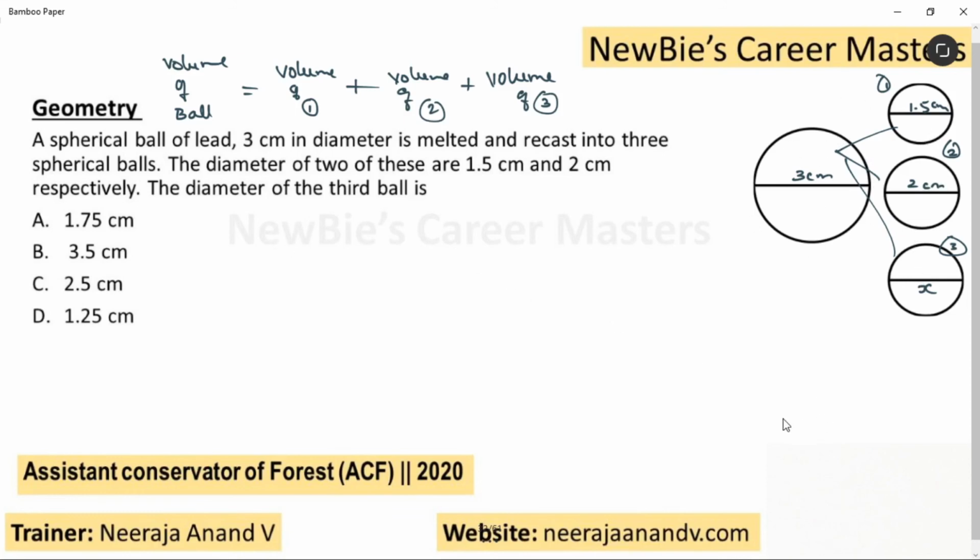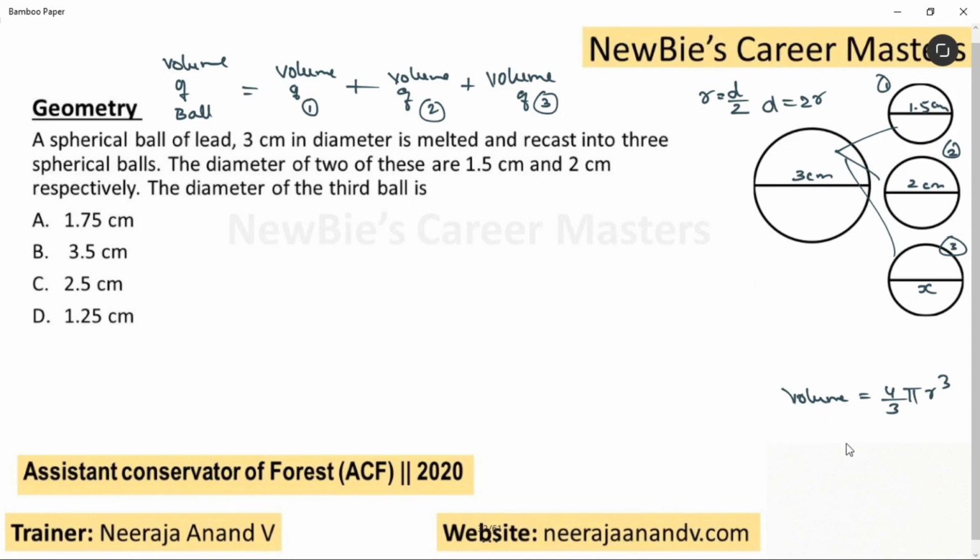Okay, let's take the formula. Volume of the spherical ball is 4 by 3 pi r cube. Instead of taking radius, let's change this radius into diameter. How? See, diameter is equal to 2 times radius. Correct. So radius is diameter divided by 2. Half of the diameter will be radius.